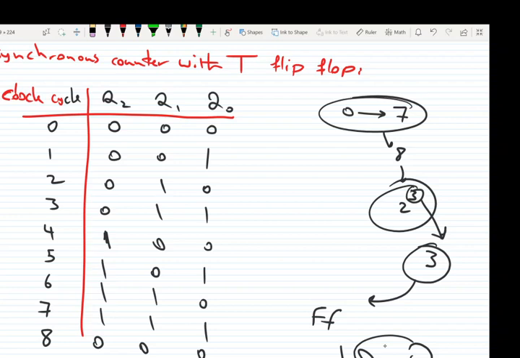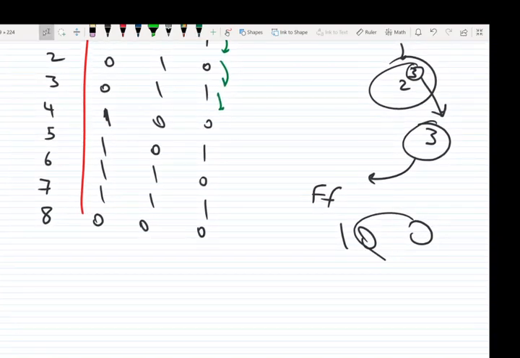If we look at Q0, we see that Q0 changes on each clock cycle. So let's write it down: Q0 changes on each clock cycle.